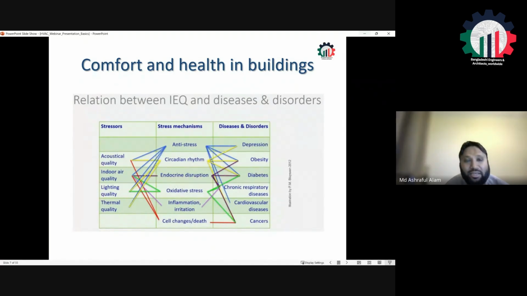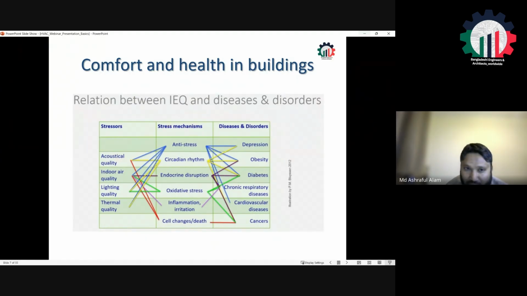This is a chart actually. It is showing the stressors, acoustical quality, indoor air quality, lighting quality, thermal quality, in the left column. In the middle, we can see what stress mechanism this creates. And in the last, we can see the diseases and disorders.